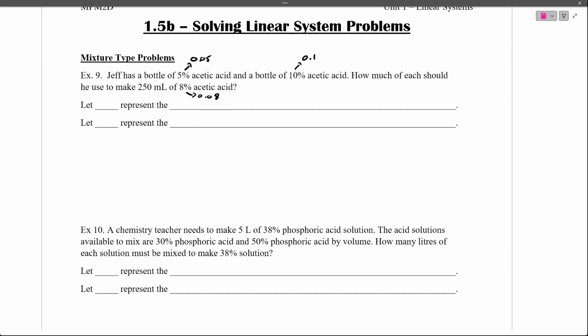So how does this actually work? Well, if you read the problem, it tells you exactly what your unknowns are. How much of each should he use? That's our unknown. So we can just say, let x represent the amount of 5% acetic acid, and y is going to be the amount of 10%.